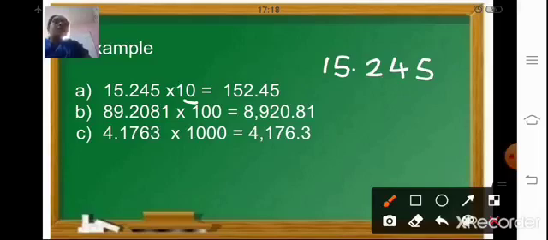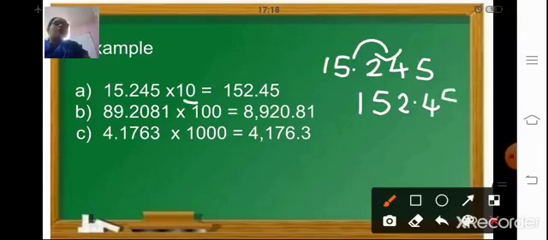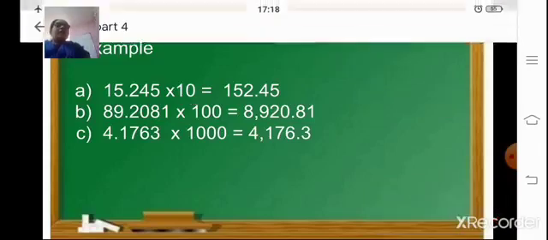Now this decimal point will come after 2. So your answer will be 152.45. Okay.